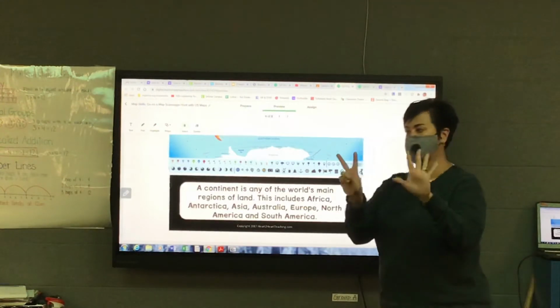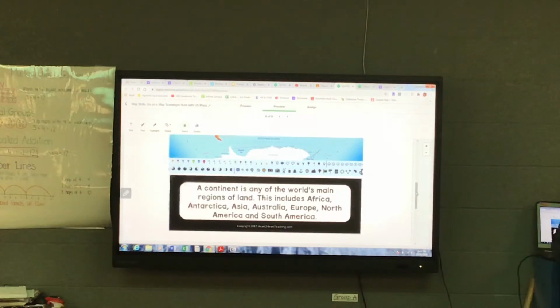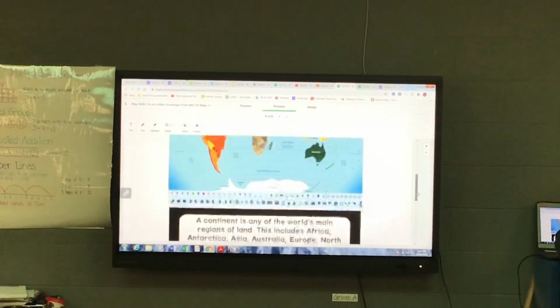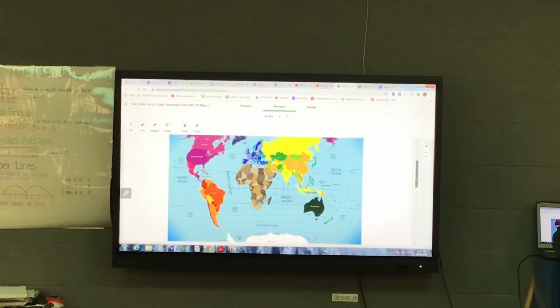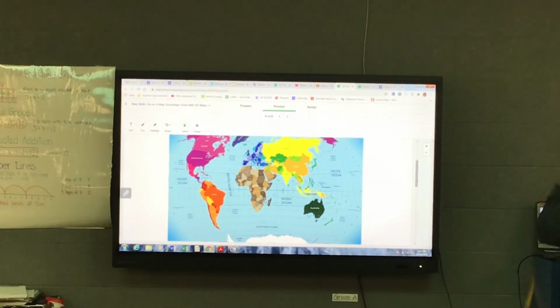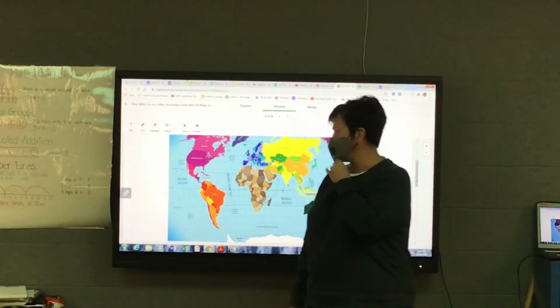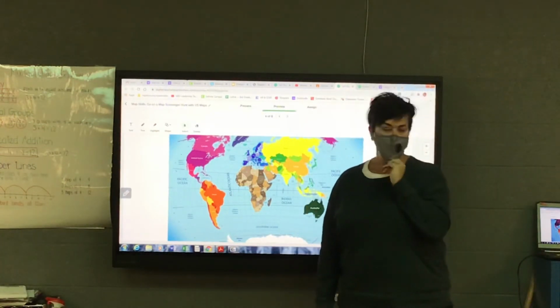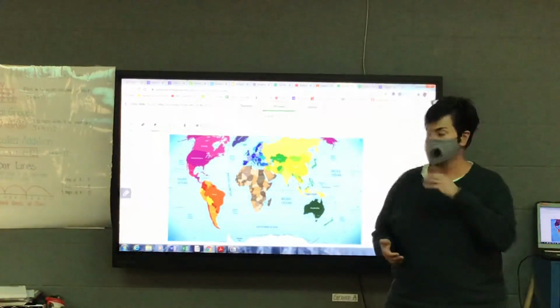Those are the 7 continents. So, let's look at this map. Now, do they have the continents labeled? Yes. Well, some of them are because some countries are a continent.